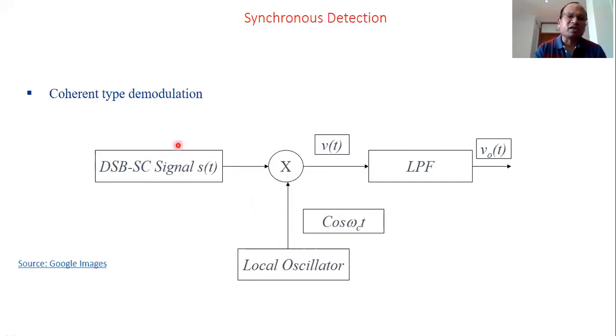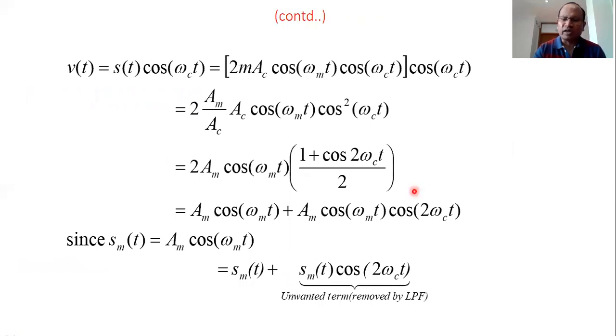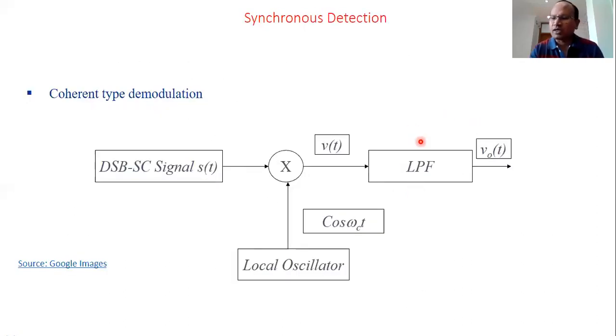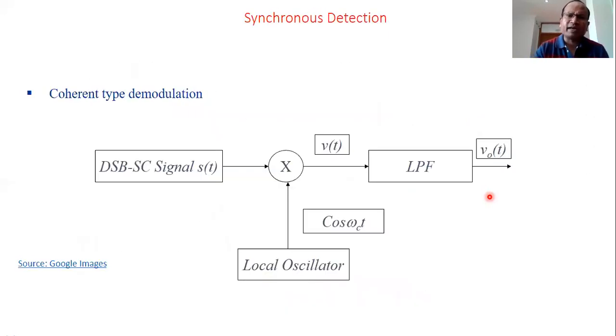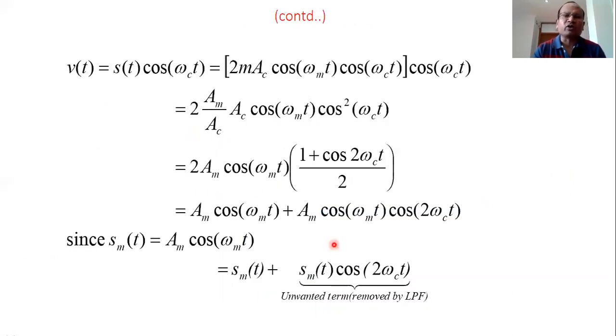So this local oscillator generates a carrier signal which is mixed with DSBSC, and then we pass the product to the LPF and get the output signal. How do we get VT here? This DSBSC is multiplied by the local oscillator.